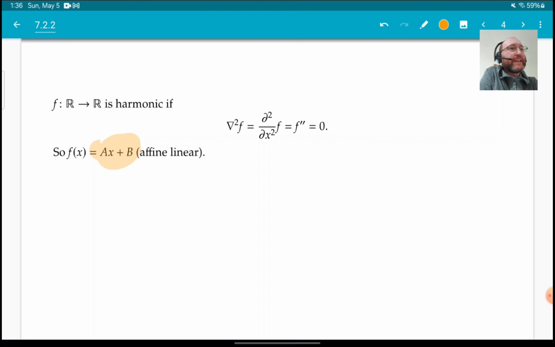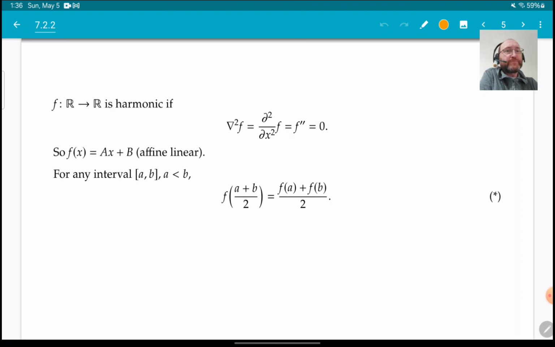Now, if we look at affine linear functions, then one of the things that they satisfy is this property for any interval ab. If I look at the value of the function in the middle of the interval, it's the average of the values at the endpoints. You just get that by plugging in, it's immediate.